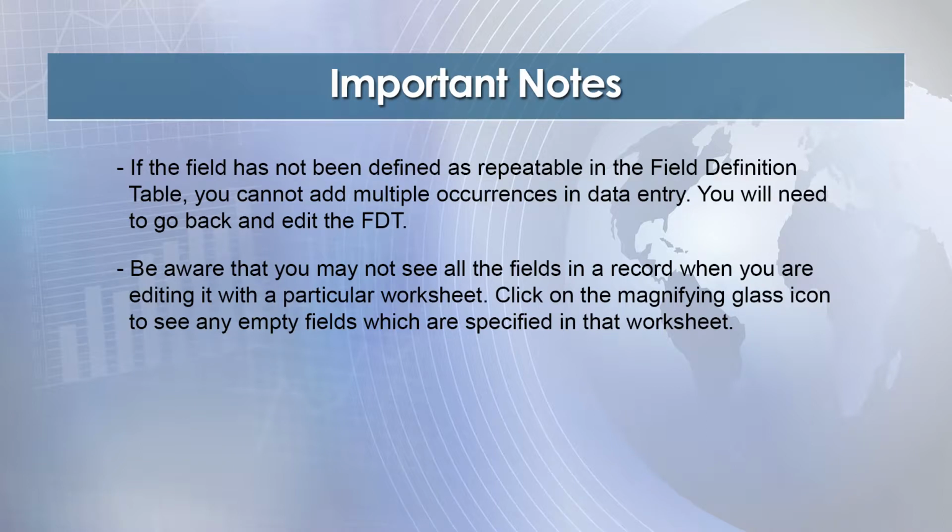In CDS/ISIS for DOS, you can enter different occurrences of a particular field even if it is not defined as repeatable, but that you cannot do in CDS/ISIS for Windows. You have to go back to the FDT, edit the FDT, and change the nature of the field from non-repeatable to repeatable, and then only you can enter different occurrences of a particular field. So, that is another golden rule in case of data entry operation.